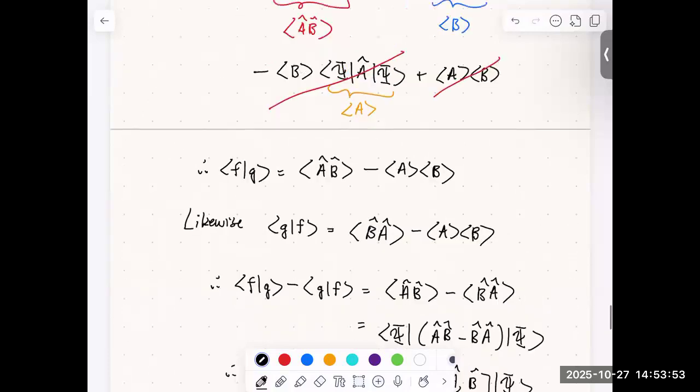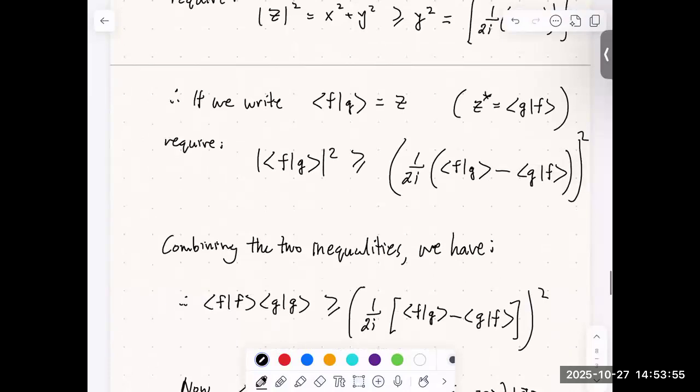So what we're going to do is we're going to go back and plug this in to this expression. Where is it? Here. So we just have to divide by a 2i. And remember, this is sigma A squared and this is sigma B squared.